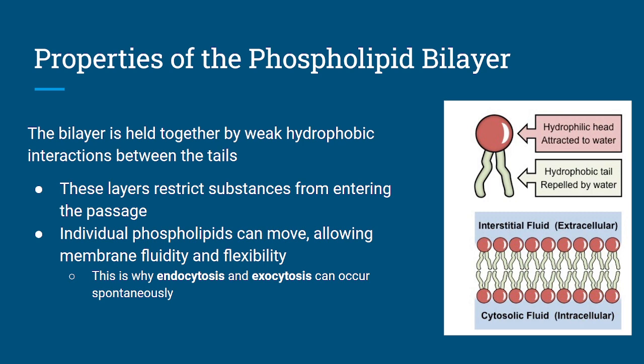This allows the layers to restrict substances from entering the passage freely, although it also allows the individual phospholipids to move freely and fluidly throughout the membrane. This allows for membrane fluidity and flexibility. Hence, this is why we can see that endocytosis and exocytosis can occur spontaneously within the phospholipid bilayer.